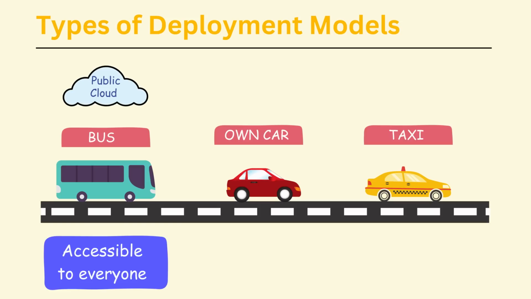I get in, and I pay for the seat that I occupy, and I pay for the time that I will be traveling in it, and I'm done. Cost is very less here. A similar kind of thing happens in the public cloud. I pay only for the resource that I use, and I pay for how long I use it. If I use less, I pay less. If I use more, I pay more for that month.